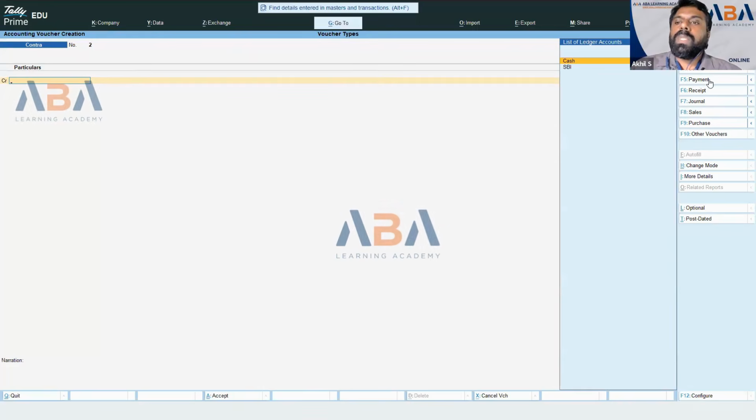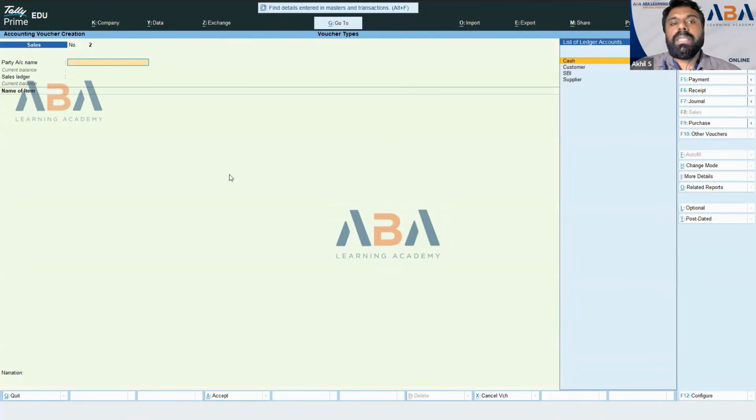From payment, we can understand that all sorts of payments that we make to a third person, we post through a payment voucher. If you are receiving any amount, you post it through a receipt voucher. If you are selling anything, it should go through a sales voucher. Like this, every transaction has its own particular voucher type.